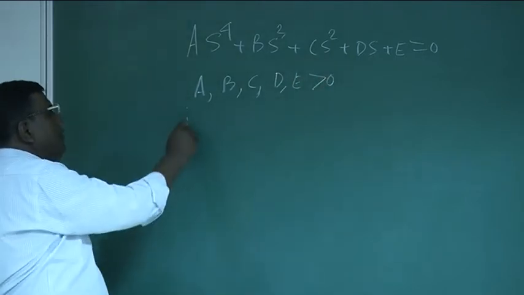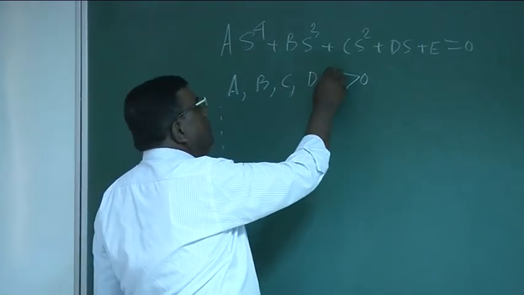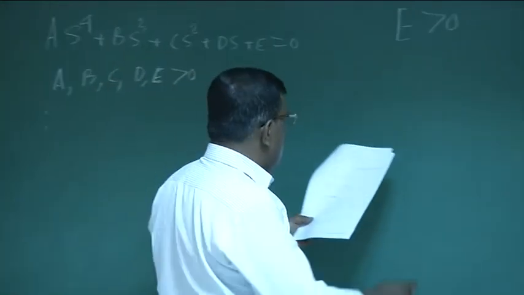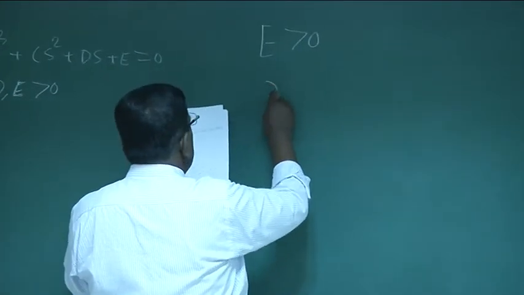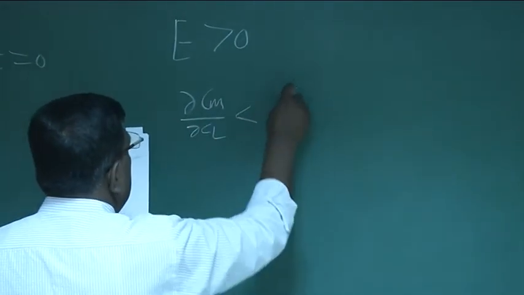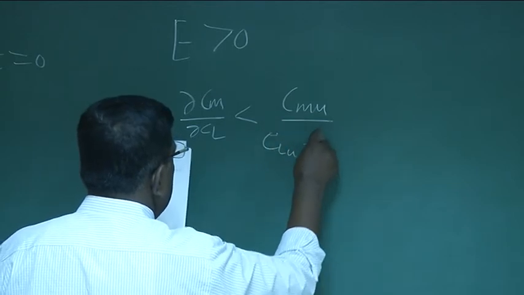And there are other conditions which will come, right? By using this condition, E greater than 0, what does this mean? And we got a wonderful relationship. We got dCm/dCl less than CMU/CLU plus 2CL1.